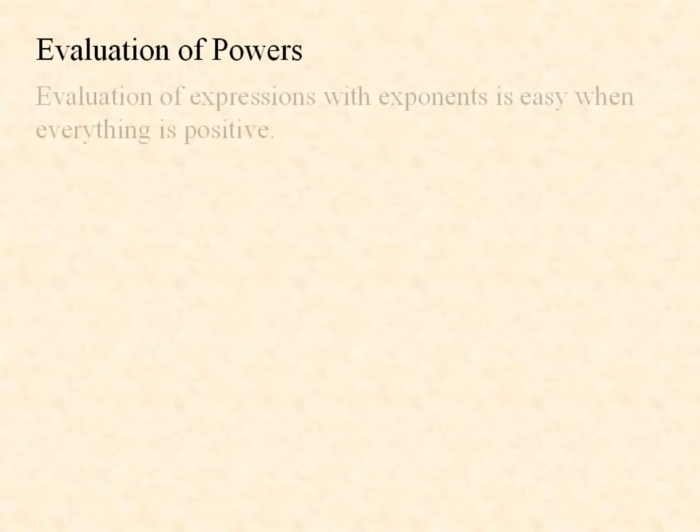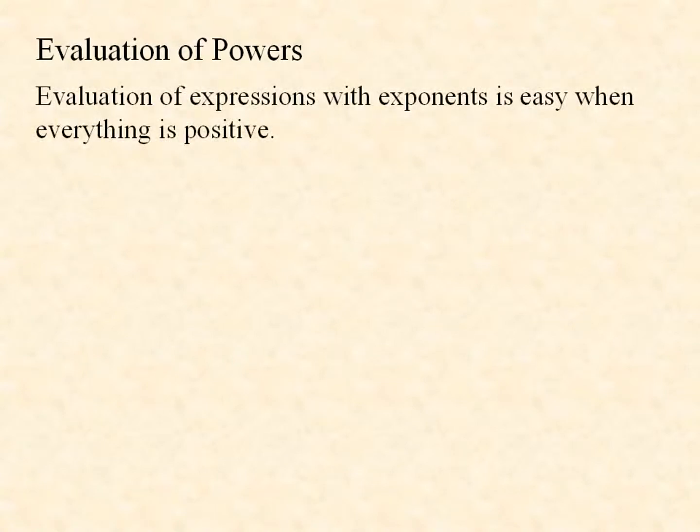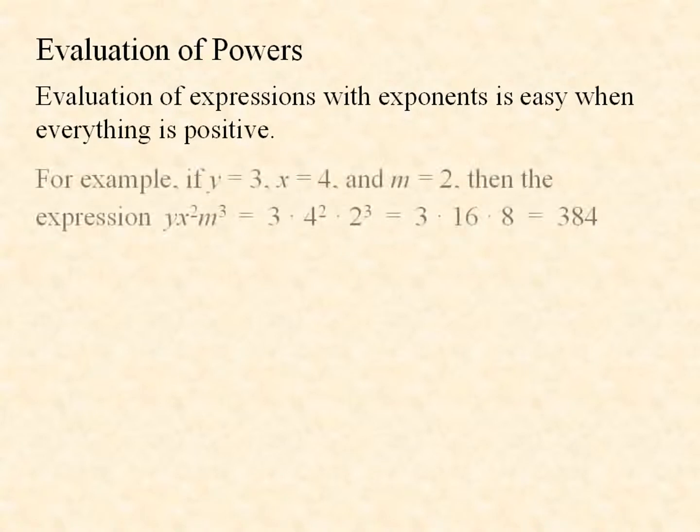Evaluation of powers. Evaluation of expressions with exponents is easy when everything is positive. For example, if y is 3, x is 4, and m is 2, then the expression y x squared m to the third power simply means 3 times 4 squared times 2 to the third power.